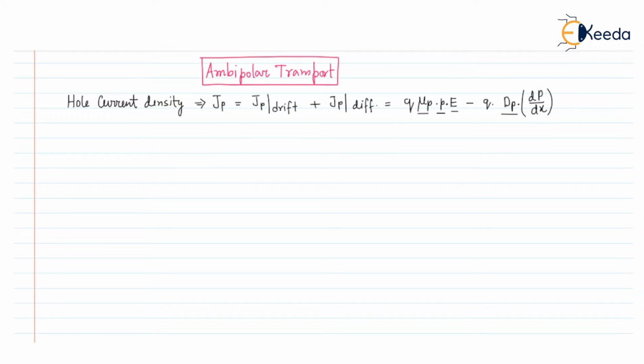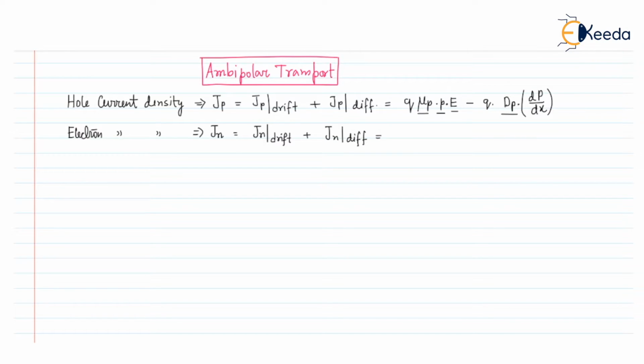Similarly, we can write the electron current density in this form, J suffix n, and this Jn can be written as Jn due to the drift plus Jn due to the diffusion.